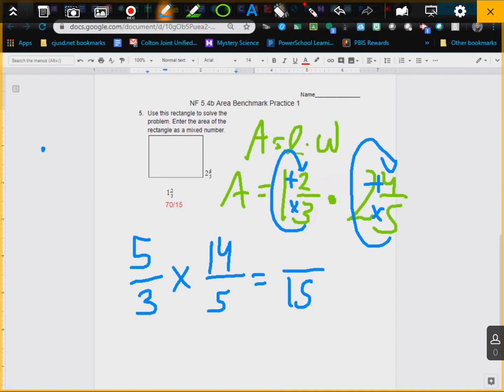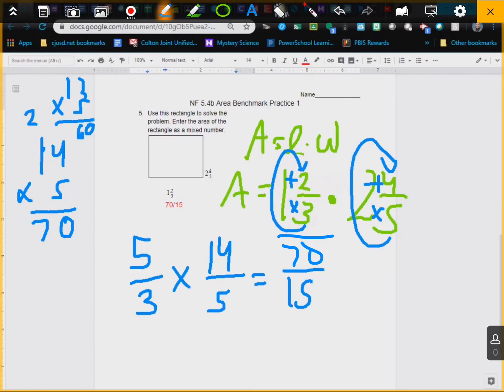And I don't know what 5 times 14 is. Now I could do this a couple ways. I know that 12 times 5 is 60, and so that means 13 times 5 is 65, 14 times 5 is 70. But I can just do it this way. 5 times 4 is 20, carry the 2, 5 times 1 is 5, plus 2 is 7, so 70. 70 over 15 is our answer, and looks like I got that one right.